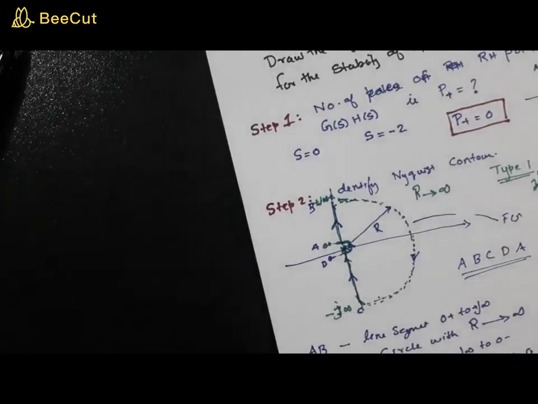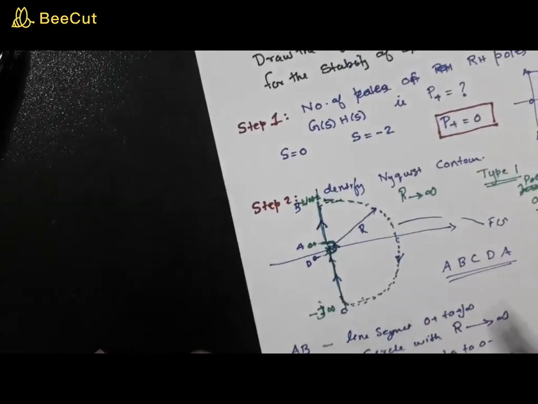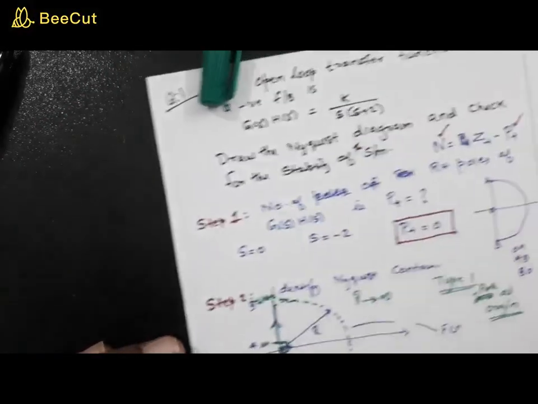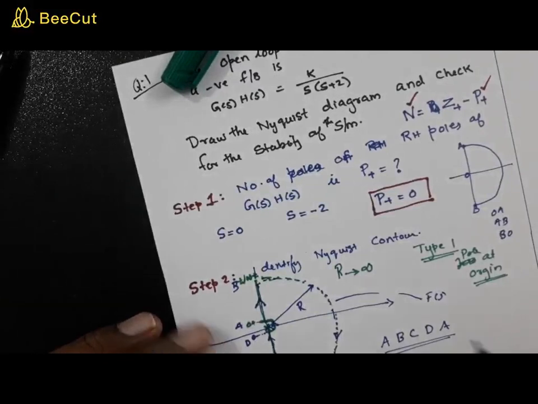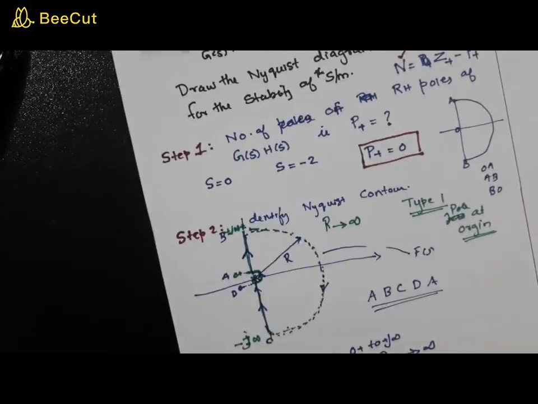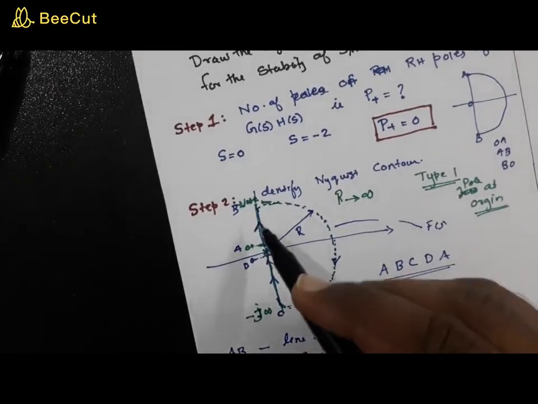Now, I'll give you one more hint. While mapping, in the next step you will be mapping each segment to this given G(s)H(s), so you will get a different picture. To make things simple, look at this line AB.